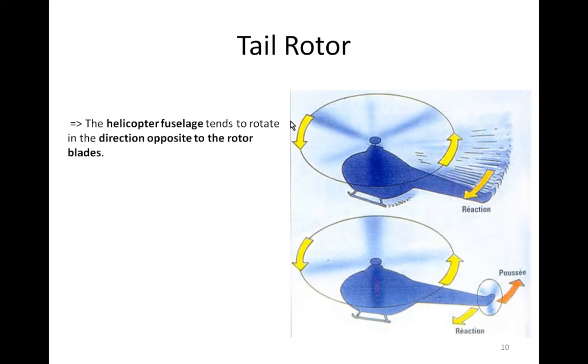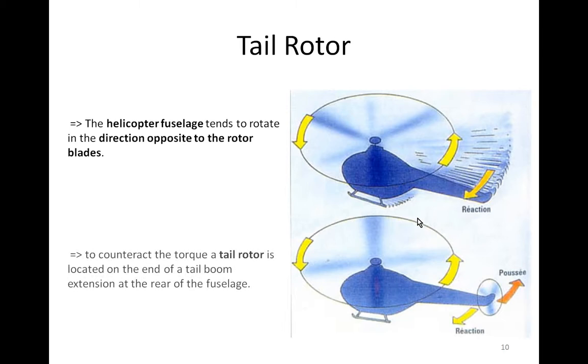When the rotor rotates, it tends to make the fuselage turn in the opposite direction. This is the torque. To counteract the torque, a small rotor is placed vertically on the tail of the fuselage. It tends to prevent the helicopter from turning.